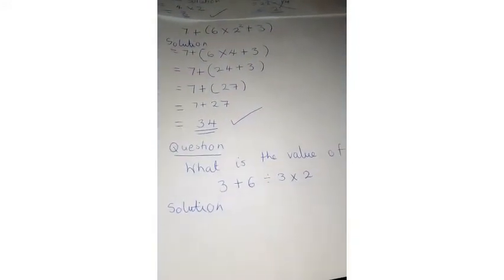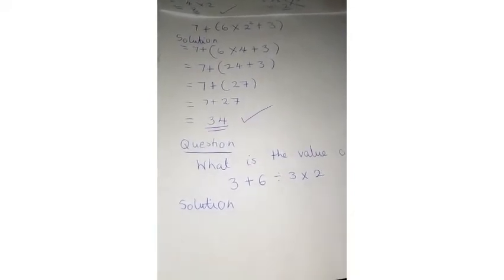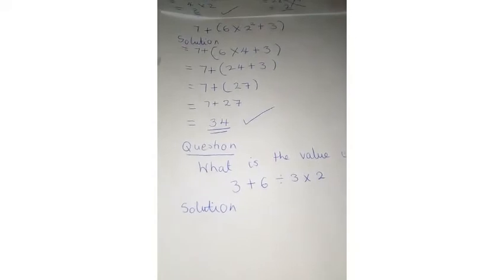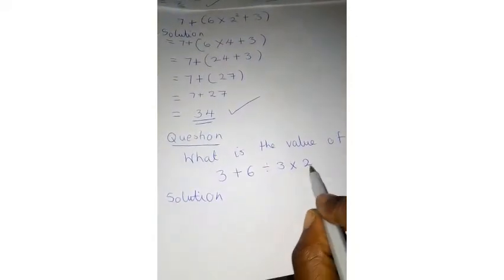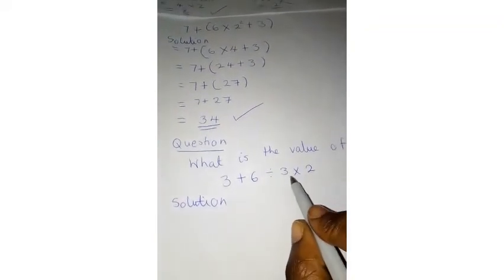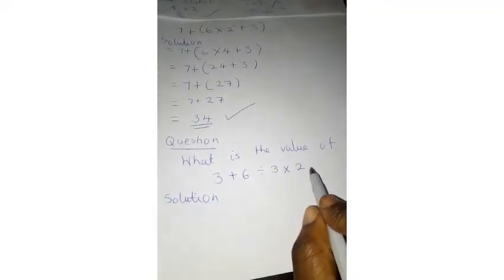Okay, then for the solution, first brackets: there are no brackets. There are no indices. Then next, divide or multiply. There is division and there is multiplication, and we said they are on the same level, so we solve from left to right.